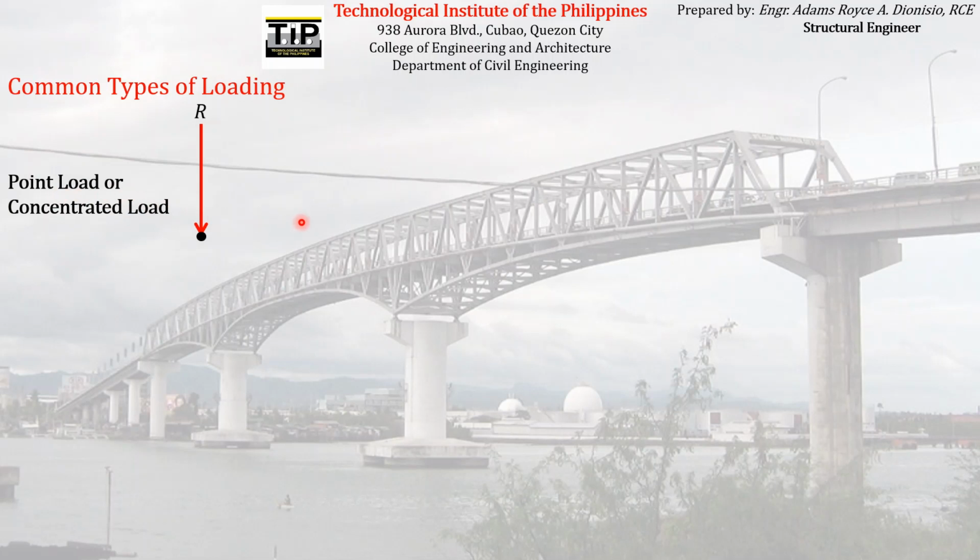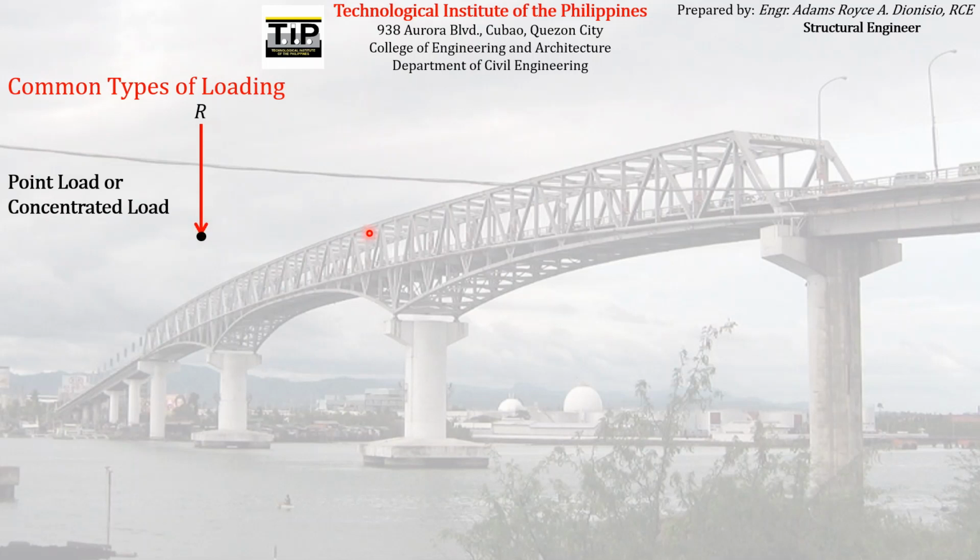So, madalas, may encounter niya. And actually, sa statics of rigid bodies nyo, malamang puro ganyan yung na-encounter nyo na type of loading: a load acting on a single point, or concentrated lang siya sa isang point. Pero, sometimes, you will encounter a load that is not acting on a single point or single area.